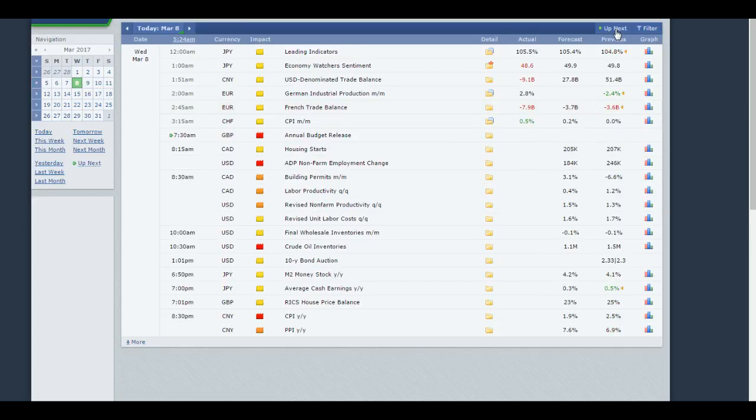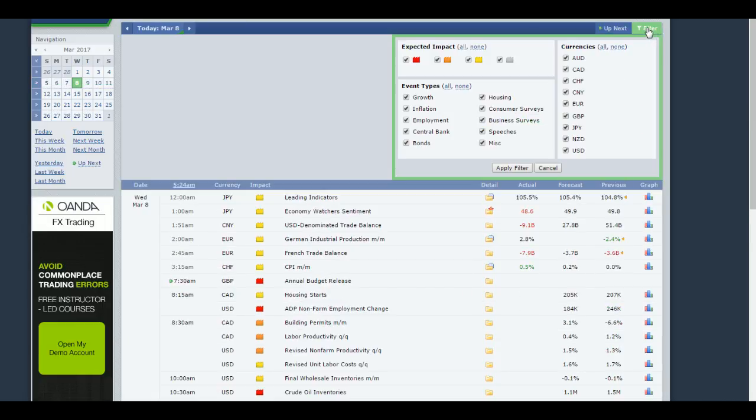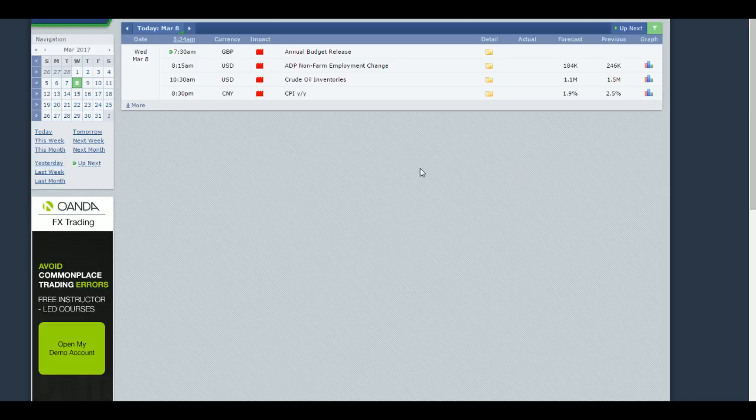And I don't really care about anything except for the red news. So we got ADP non-farm employment change at 8:15, which would be 7:15 my time. We got crude inventory at 10:30, which is 9:30, and the CNY I don't even pay attention to. So we got a little bit of news here at 7:15, so we're okay.